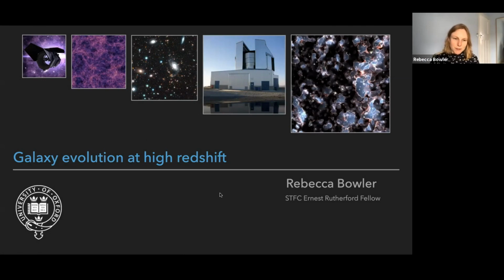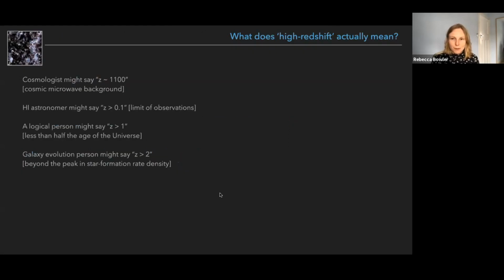So the topic of this talk is galaxy evolution at high redshift. When I was thinking about what I was going to overview today, I came across the basic question of, what does high redshift really mean? Unsurprisingly, like a lot of things in astronomy, it depends on who you talk to.